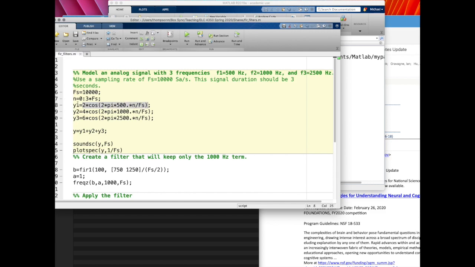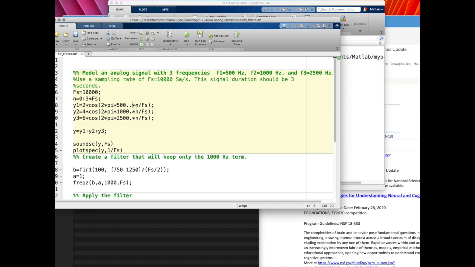I just put some random amplitudes in here so that you could see the difference whenever we do the plot spec. You know, y1 is not as strong as y2 and y3 is stronger than both of them. Okay, so you put in the frequency term, then you do the point-by-point multiplication. Actually, that's not point-by-point, that's 500, the decimal point goes with the 500.